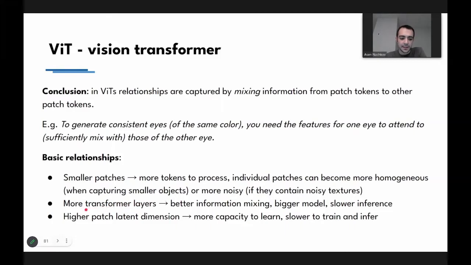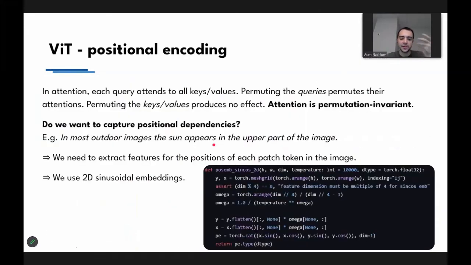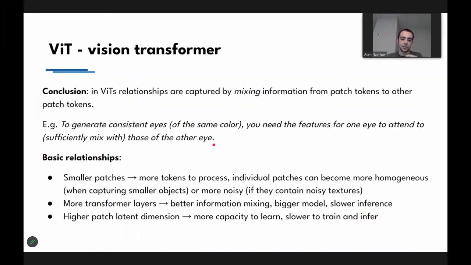And lastly, if we increase the latent dimension of each patch, so this would be basically the hidden dimension in the transformer, this is like providing more power to the transformer, so the representational capacity of the model increases at the cost of being slower to infer.